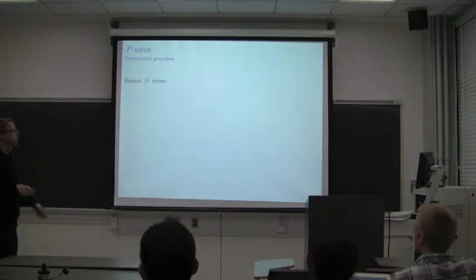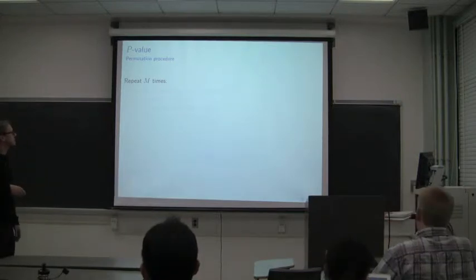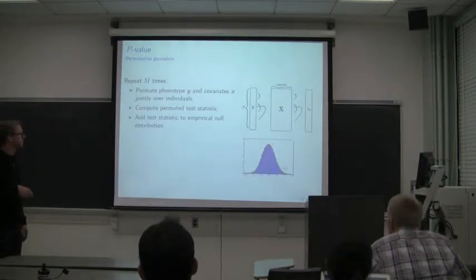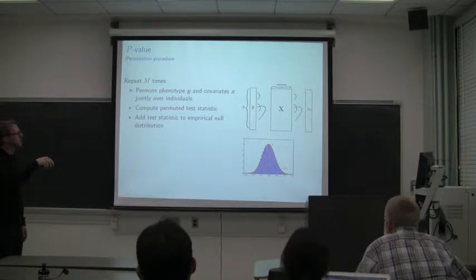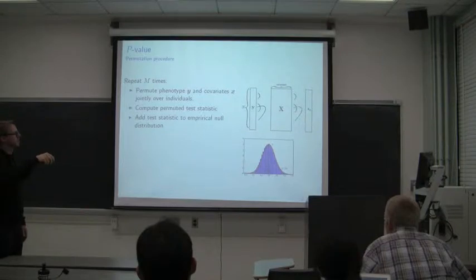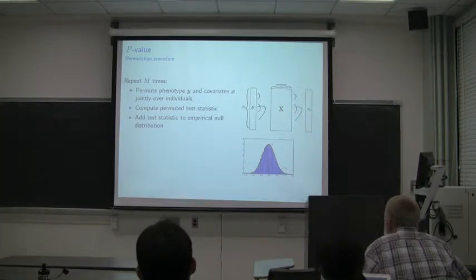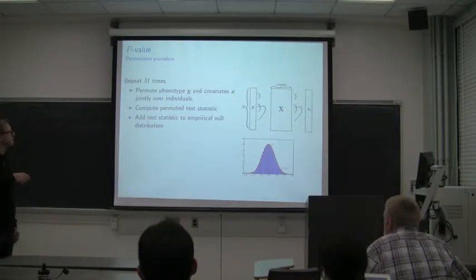If we don't know it, there are ways to obtain this null distribution, for example, by doing permutations. We have our regression model, we have the covariates that we want to condition on, and this is the variable that we want to test. Now, if we permute one while keeping the other the same, and compute our test statistics again, then we break any dependence between this and the other two groups, and for that reason we should get an empirical null distribution.